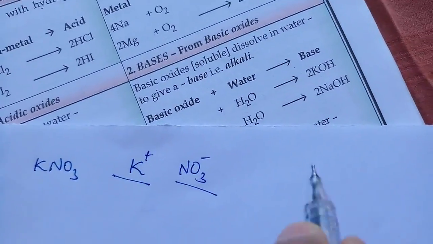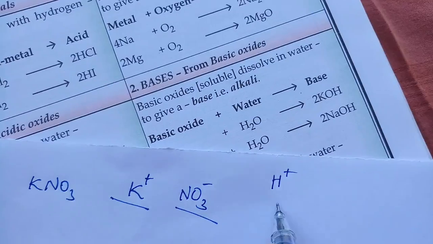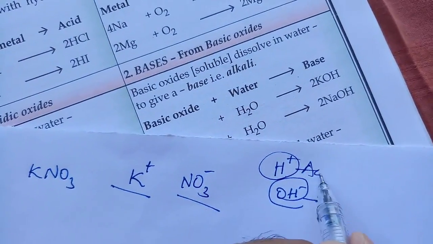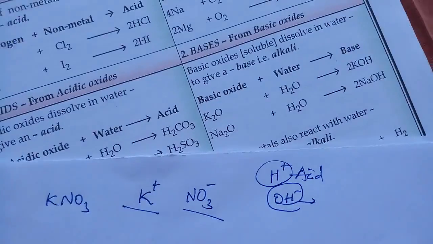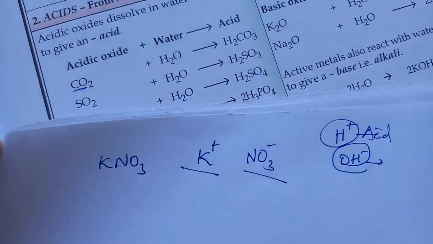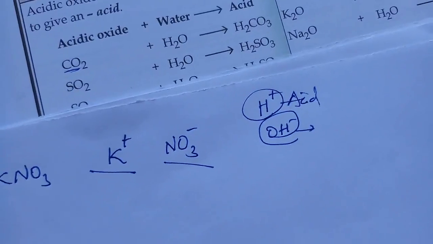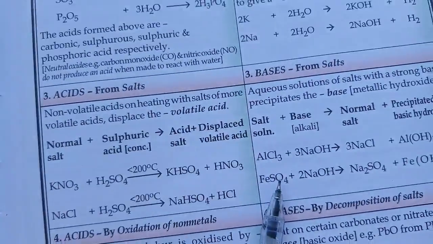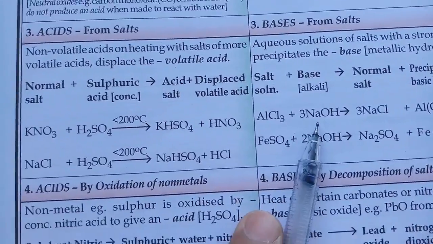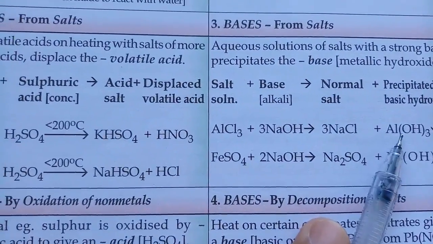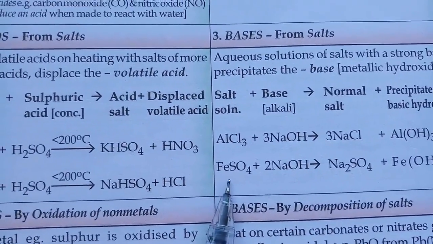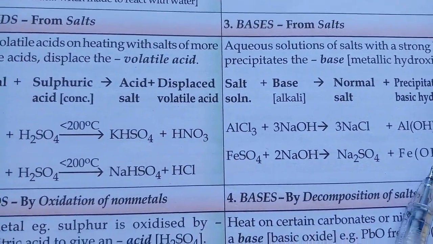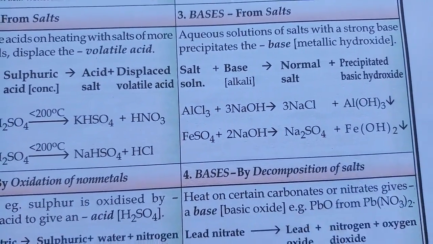Whenever you find H or OH in a compound, this gives you base and this gives you acid, right? But when a compound does not have H or OH, but has positive and negative radicals or ions, we call it salt. So here it is a salt. Here also this is a salt: AlCl3 with sodium hydroxide gives you aluminum hydroxide, and ferrous sulfate gives you sodium sulfate and ferrous hydroxide, Fe(OH)2.